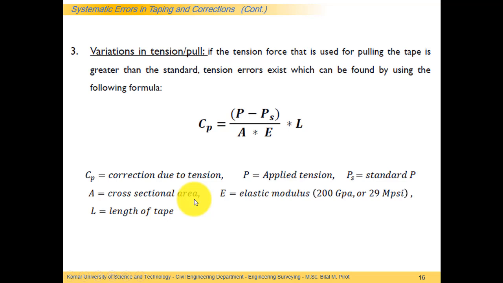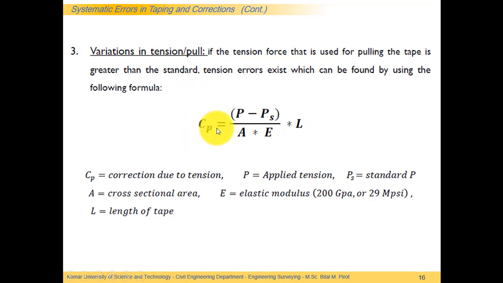We have another type of error, due to tension or pulling. In some cases, if the tape was made of cloth or any other material that could be affected by tension and pulling, we have this factor to correct the change in the length, because in some cases we may force the tape and the length of the tape will change due to pulling and tension forces.